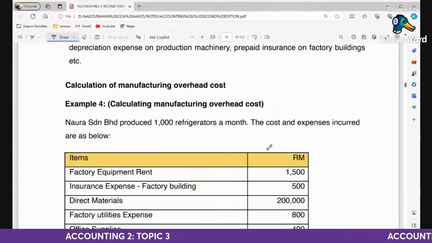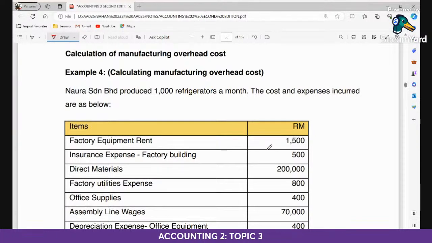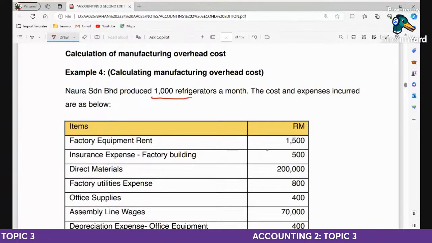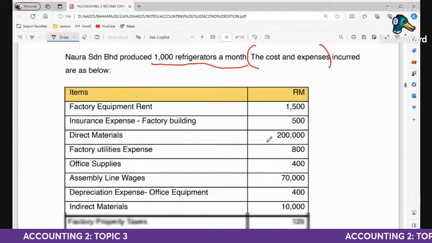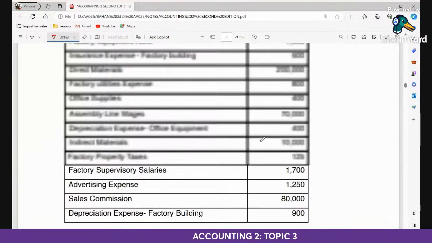Okay, so now example 4, kita nak kira manufacturing overhead cost. So syarikat ni, Naures Sdn Berhad, they produce 1,000 refrigerators a month. Okay, so dia bagi tahu dekat sini the cost and expenses incurred are as follows. So dia bagi anda beberapa item di dalam example 4.